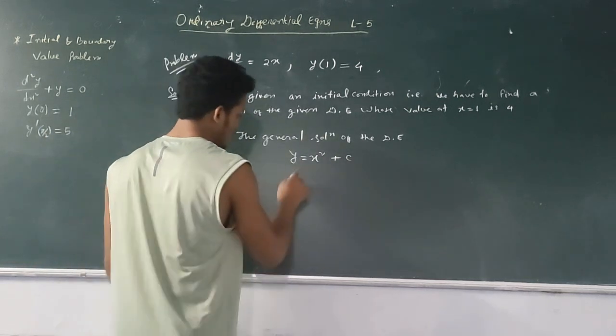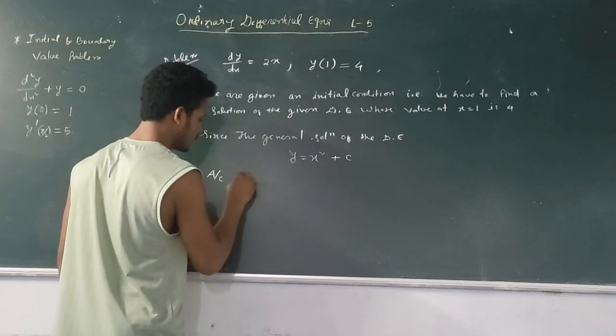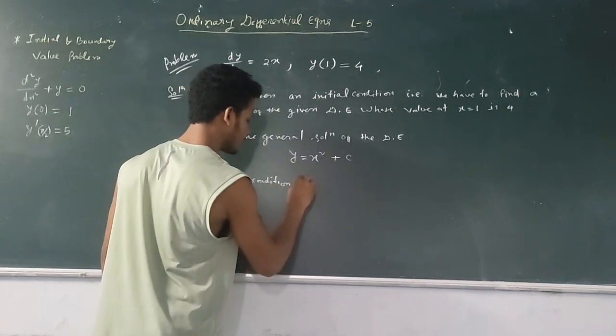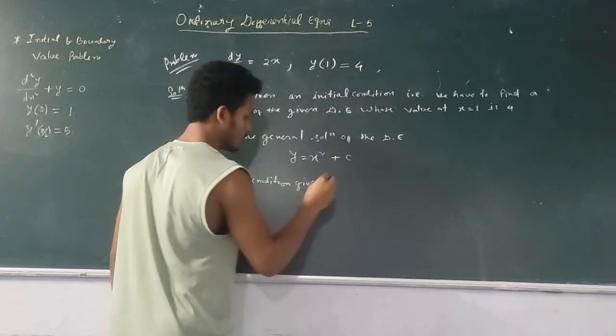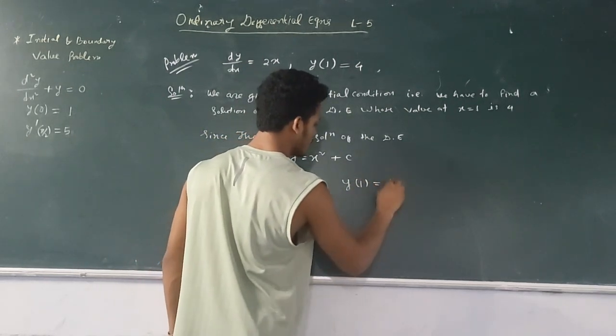According to the condition given, that is the initial condition, y at x is equal to 1 is equal to 4.